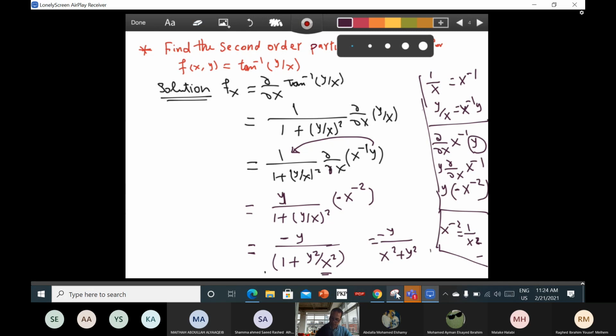So once I get the x squared down, y over x squared is y over x all squared, right?